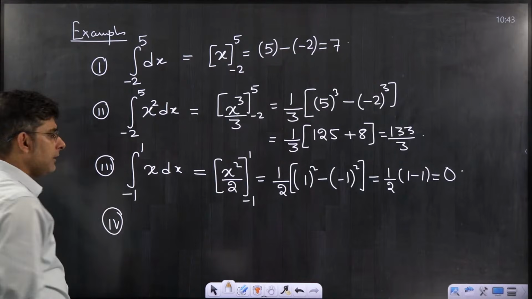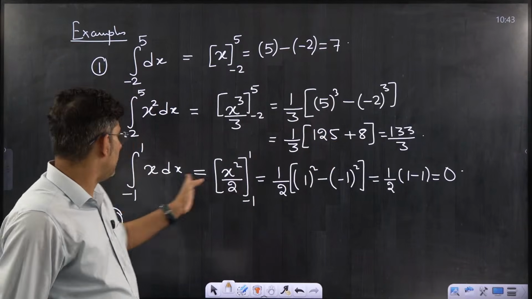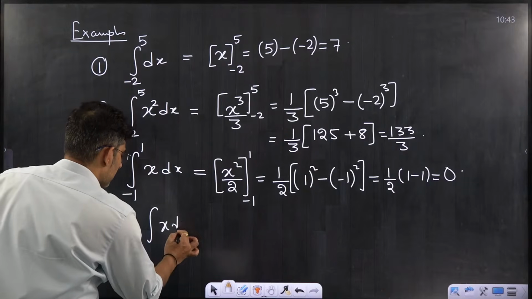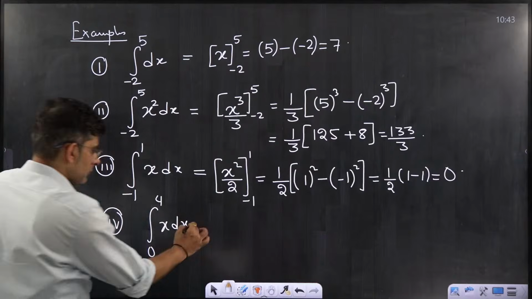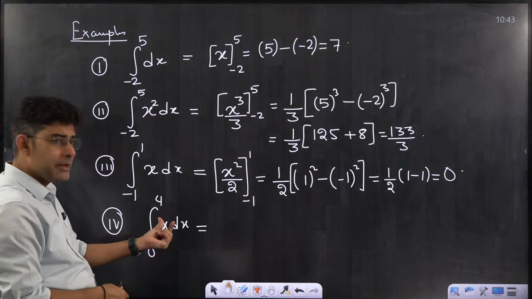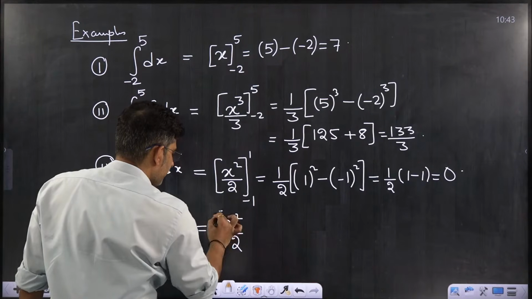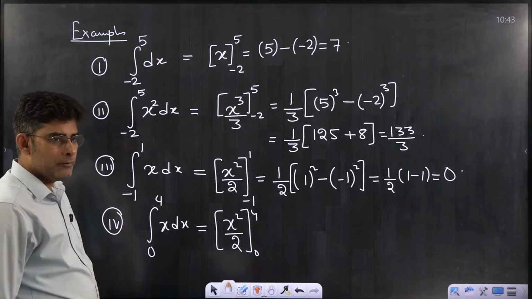If you think, sir, is this a fixed value for all values of the limits? No. If I put any other limit, suppose I change it from 0 to 4, then in this interval you will get a different value of the same integration, because integral of x is x square by 2. You will integrate it and then use the limit 0 to 4.